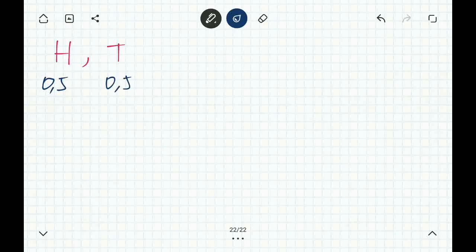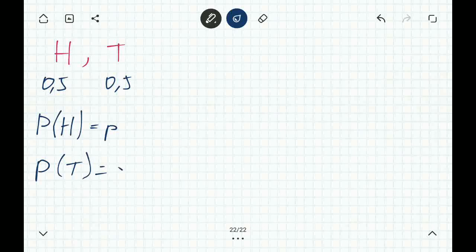We need to choose one outcome as favorable. I will choose heads, so I will denote probability of heads as P and probability of tails as Q.